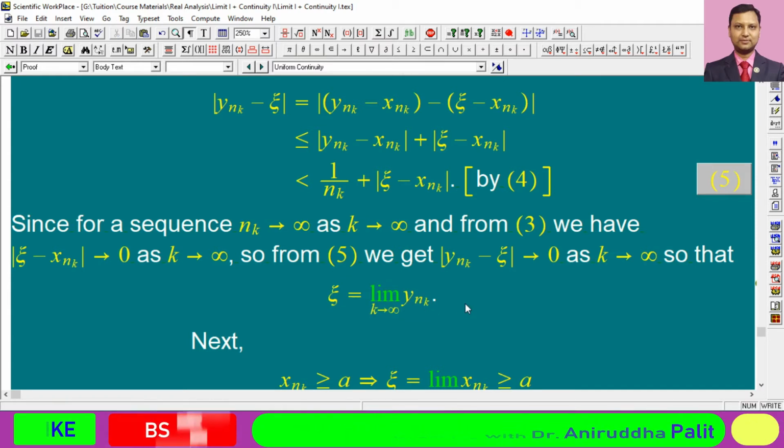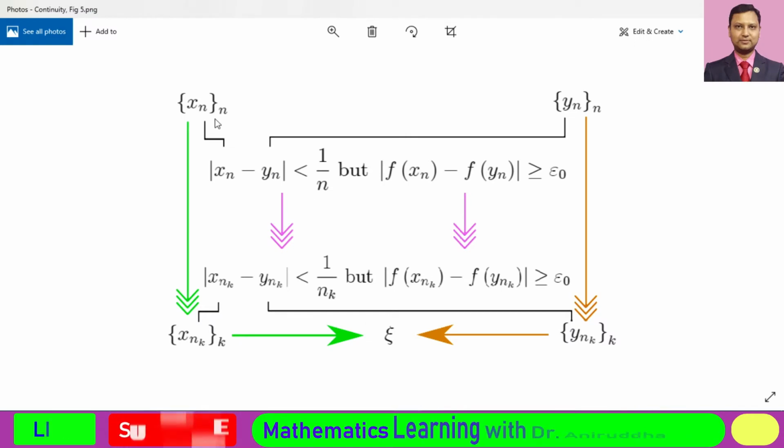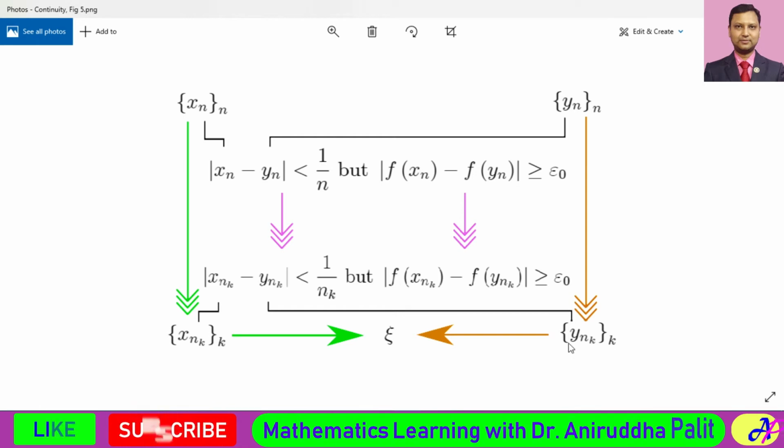So what we have proved can be represented by this picture. Over here, we observe that xn has a subsequence xnk, and yn has a corresponding subsequence ynk.